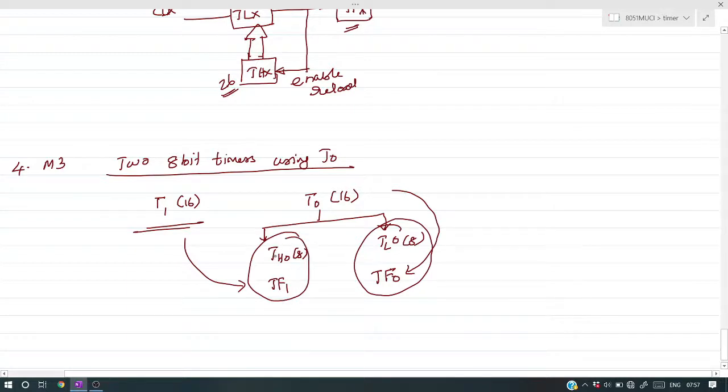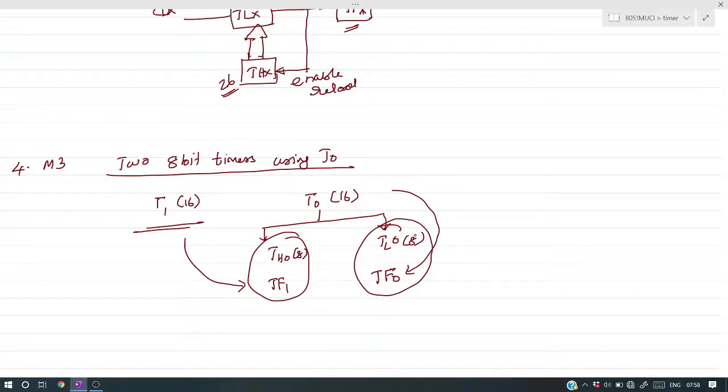Whenever TH0 overflows, the overflow signal is given through TF1. Whenever the timer low order, that is TL0, overflows, the overflow flag of T0 is set. It will interrupt the processor to do the ISR. While servicing the ISR, TF0 and TF1 are automatically cleared.